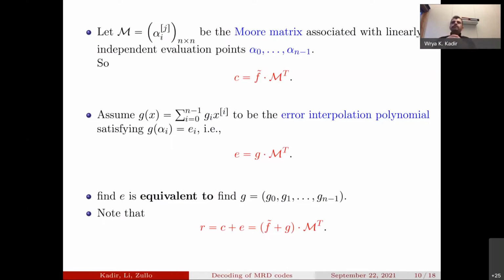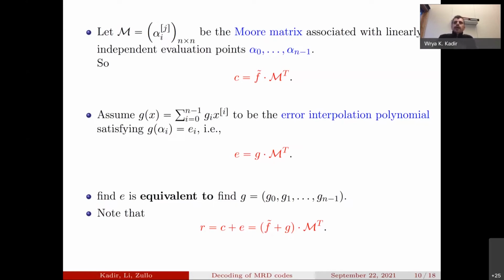M, as I mentioned, is the Moore matrix associated to the evaluation points. And then to know how to add the error, we need the error interpolation polynomial. Let g of x be the error interpolation polynomial. This is also a linearized polynomial, which satisfies g of alpha i equal to e i. So the error vector e is equal to g multiplied by M transpose.